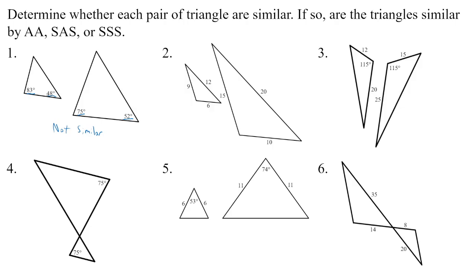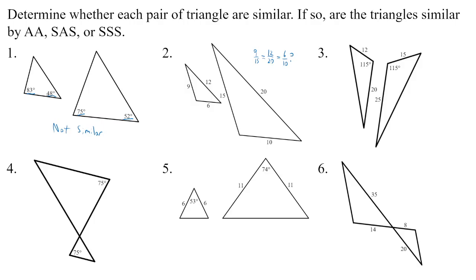All right, next, we were given the lengths of sides. Now, the two triangles can possibly be similar by side-side-side, but let's make sure that the sides are proportional. In other words, is 9 over 15 equal to 12 over 20 equal to 6 over 10?